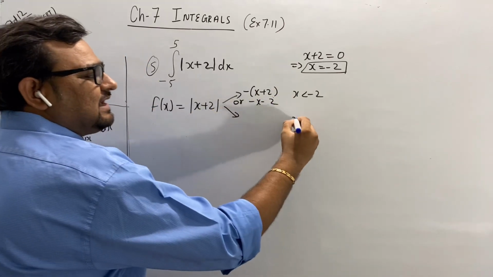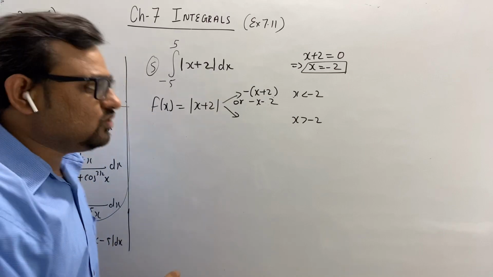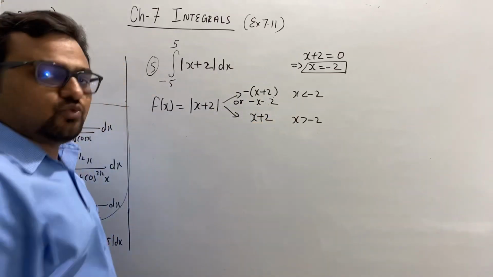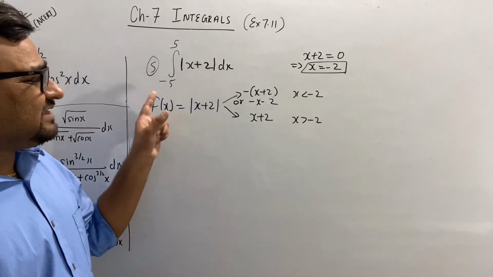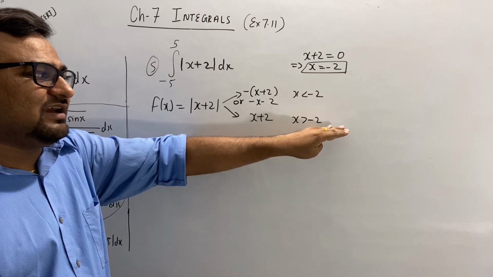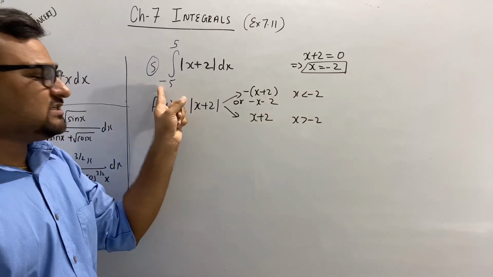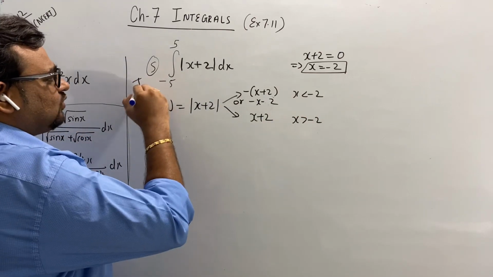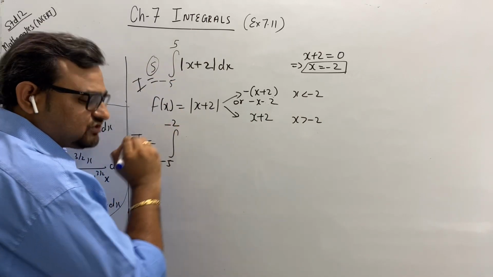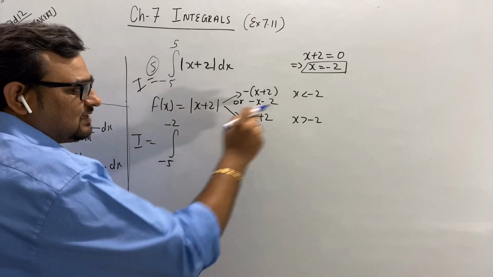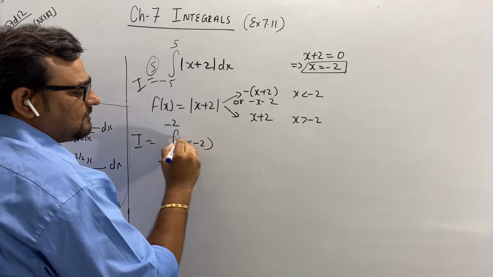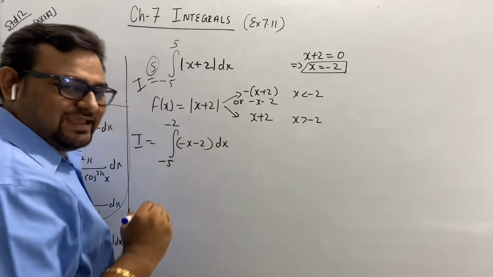And when x is greater than minus 2, at that time this is positive, so it will be x plus 2. Clear? So now I will split this. One interval less than minus 2, another interval greater than minus 2. But the lower limit is minus 5. So one interval will be starting from minus 5 to minus 2. At that time it is less than minus 2. So I will take this minus x minus 2 dx.